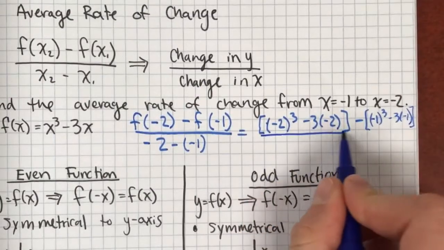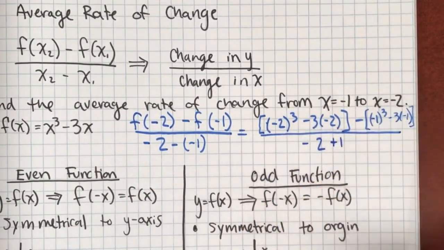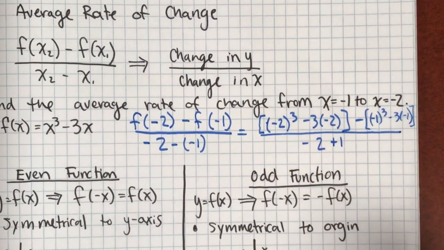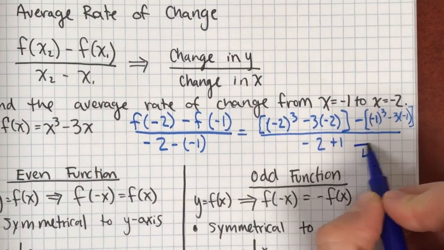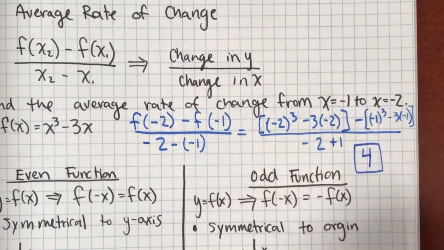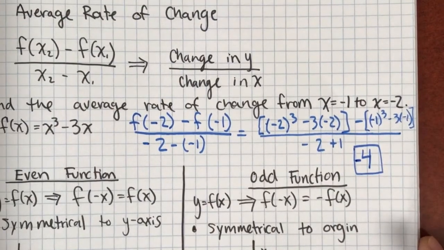Okay, and then this is all divided by -2, and let's simplify this just to -2 plus 1. All right, and so this actually simplifies to just -4 over 1.